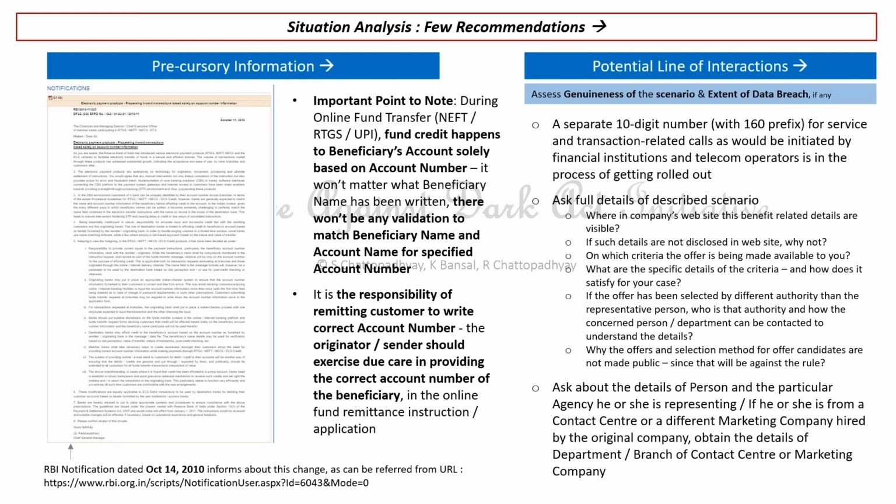This notification suggests that for online fund transfer, the beneficiary name will not be matched with the account name. And it is the responsibility of the remitting customer to write the correct account number. The originator or the sender should exercise due care in providing the correct account number of the beneficiary in the online fund remittance instruction and applications.